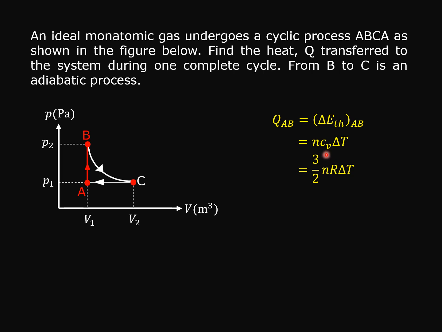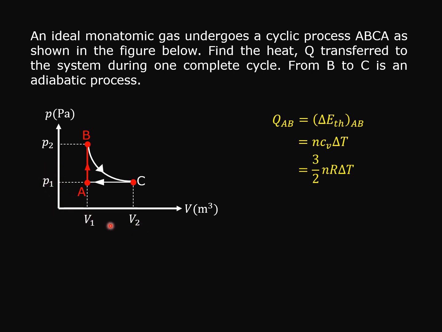The C_V value for the monoatomic gas is 3/2 R. When the state changes from A to B, this is isochoric heating. The temperature increased, so that is why we have this delta T here. But delta T is not given in the question. We only know P1, P2, V1, and V2.